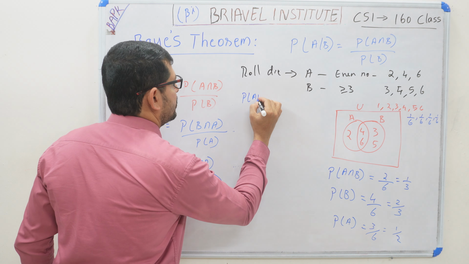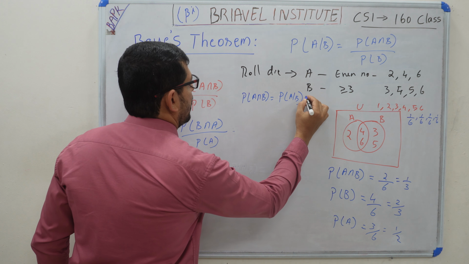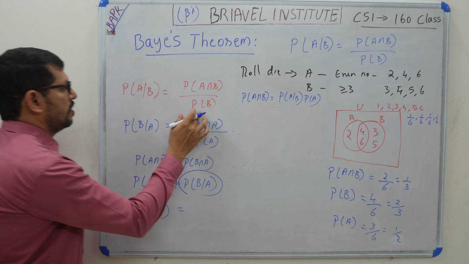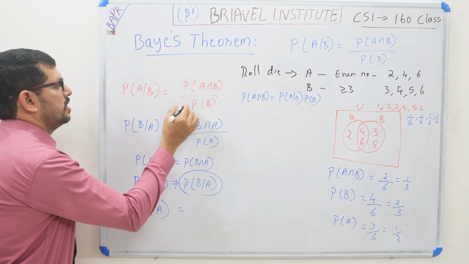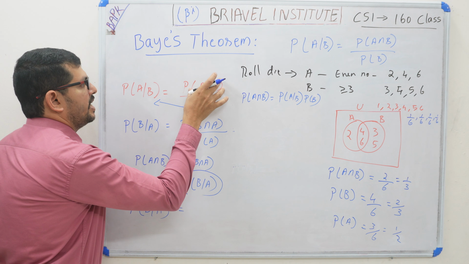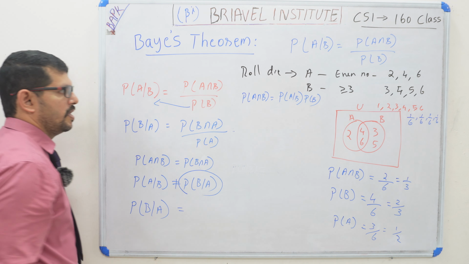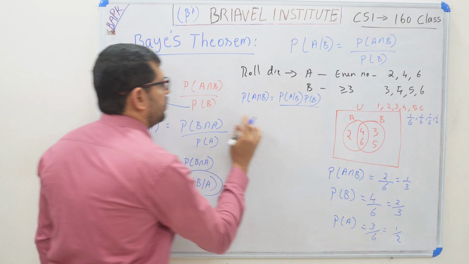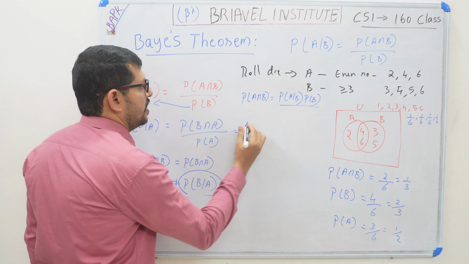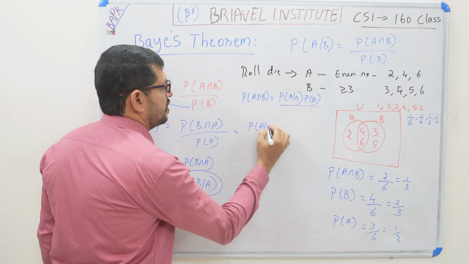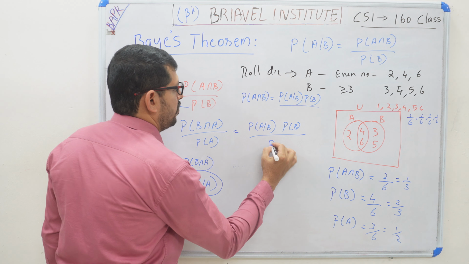A intersection B we can write as the probability of A given B and the probability of B. Now instead of B intersection A, I am substituting the probability of A given B and the probability of B, divided by the probability of A.